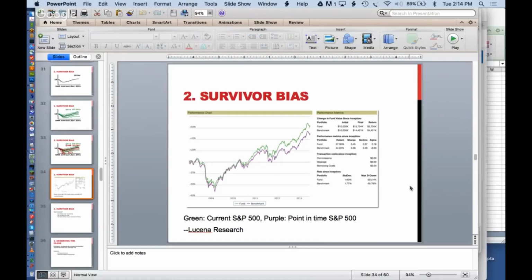What that means is if you were to run a study using as your universe of stocks the current membership of the S&P 500, you've got a built-in 13% advantage. So some young whippersnapper shows you this fantastic strategy that outperforms the S&P 500 by 13%. And you ask them, well, what's your universe? And they say the S&P 500 as of today.